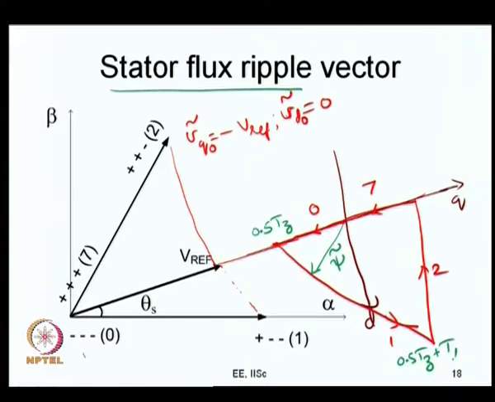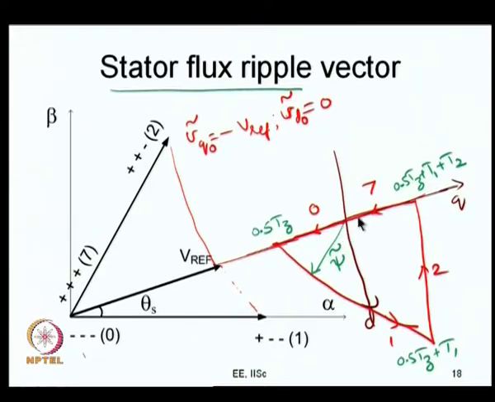Then between 0.5 tz plus t1 to 0.5 tz plus t1 plus t2, you apply the active state 2. Therefore, your applied voltage vector is here, the desired vector is here, and this is your error voltage vector. You are integrating the error voltage vector, so the tip of the psi tilde vector moves like this and reaches this point at 0.5 tz plus t1 plus t2, and subsequently when you apply the error voltage vector, it moves back in this direction now.